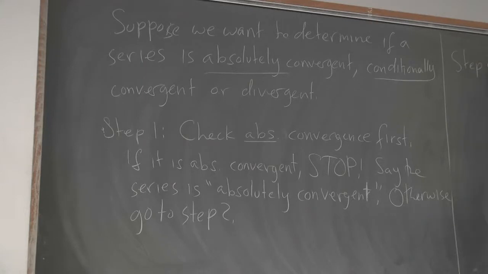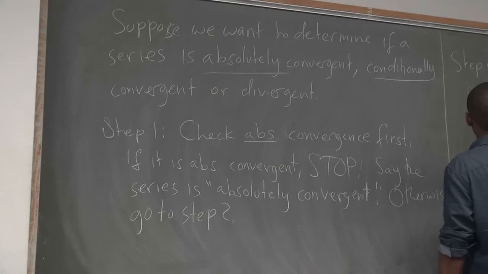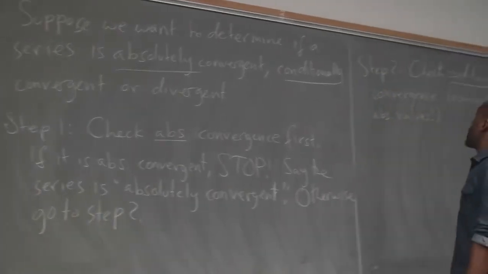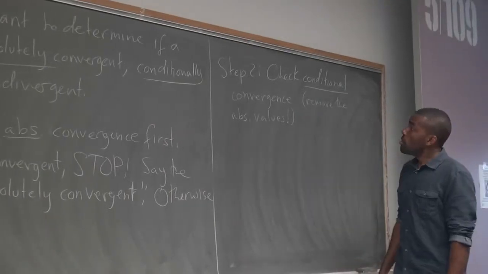Step two is to check conditional convergence. Which means remove the absolute values that you put there, unless they were there in the beginning.